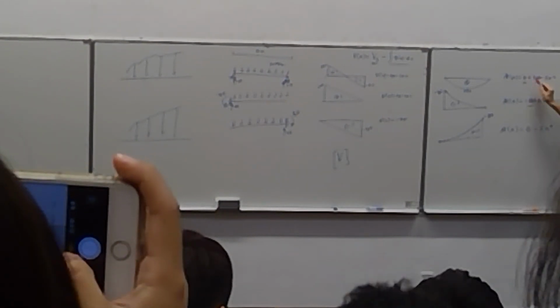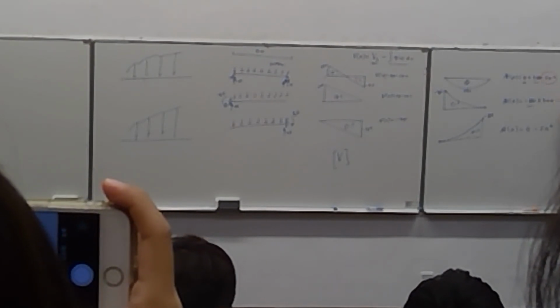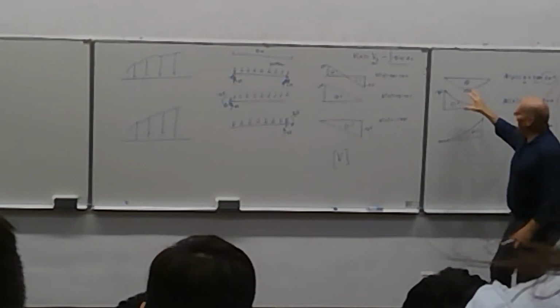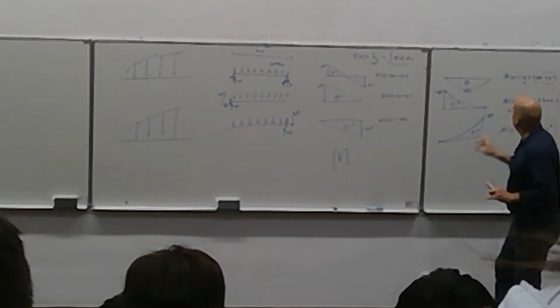But besides the constant and linear term, everything else beyond that is the same, right? The three different moment diagrams we got here look the same except for the constant and the linear term. All right? Is that clear?